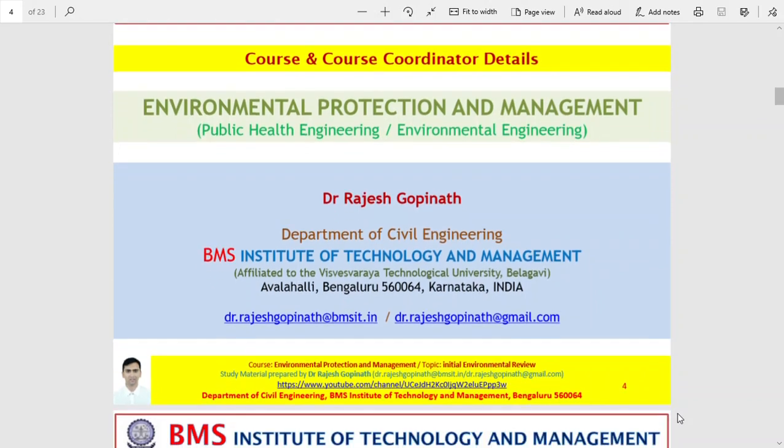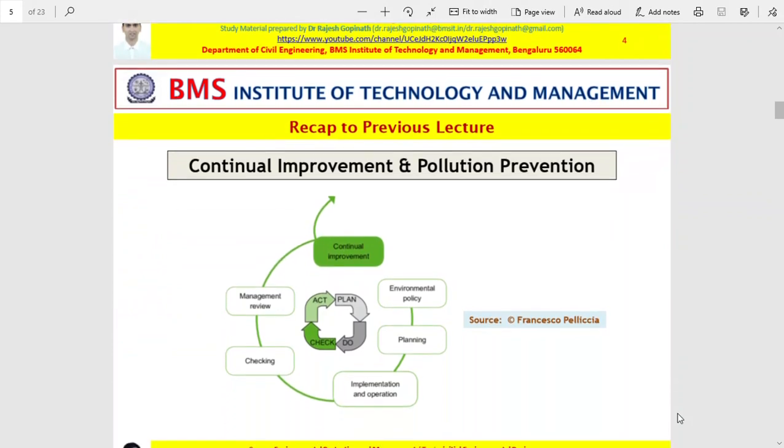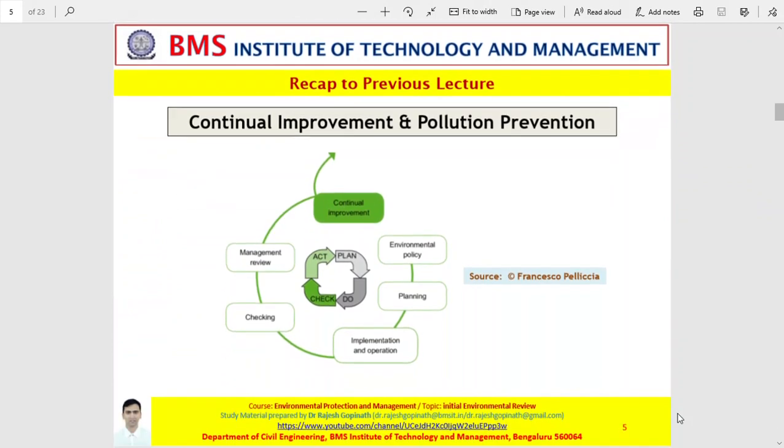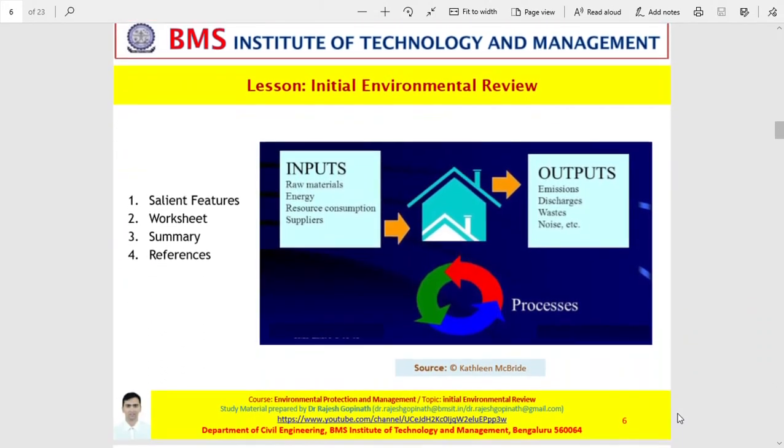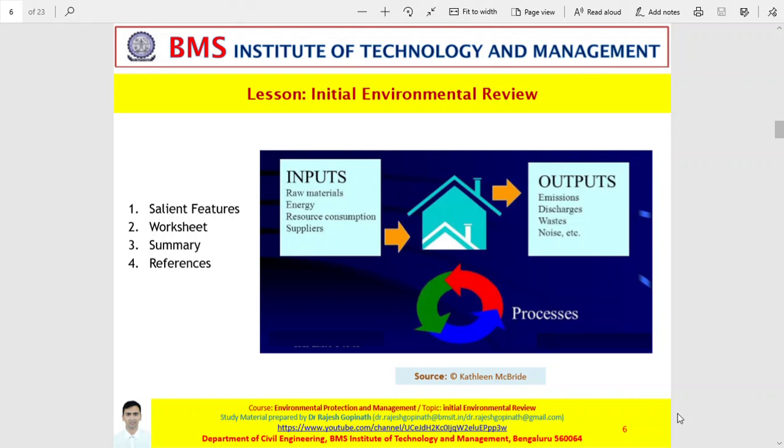As you can see in slide 5, in the last session we had a discussion about continual improvement and pollution prevention. In today's session, as you can see in slide 6, we shall be discussing initial environmental review.